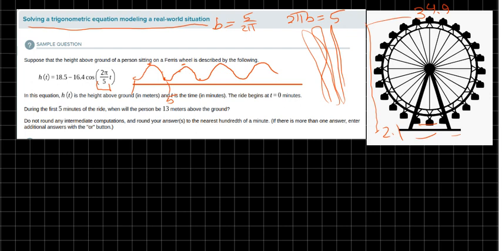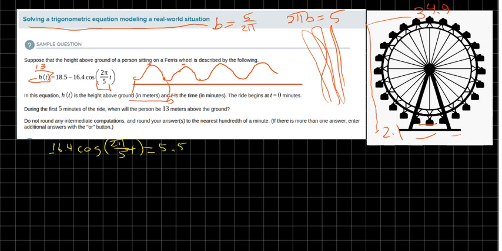Okay, so we know something about what's happening here. The question is, during the first 5 minutes of the ride, that's this period here, when will the person be 13 meters above the ground? So we want this h of t to be 13. We're going to set that equal to 13 and move some stuff around. So in the end, I'm going to get 16.4 cosine of 2 pi over 5 t is equal to 18.5 minus 13, or 5.5.